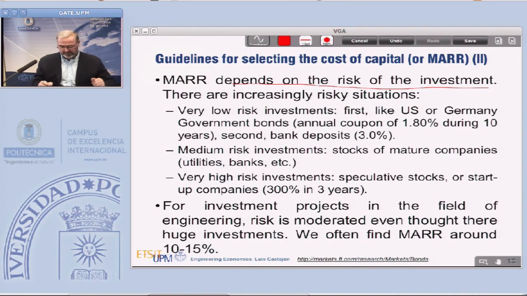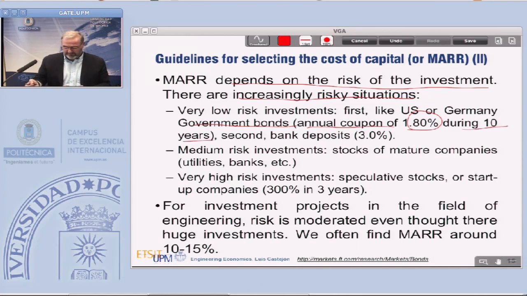There are increasingly risky situations, like for example investing in low risk investments, like US or Germany government bonds. Those pay an annual coupon, a rate of return of 1.80%, not much, during 10 years.